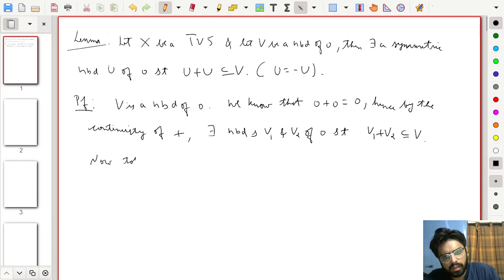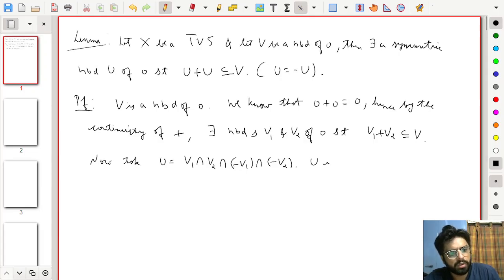Now take U equal to V1 intersection V2 intersection minus V1 intersection minus V2. Clearly U is a neighborhood of 0, and U is contained in V1, U is contained in V2, right?